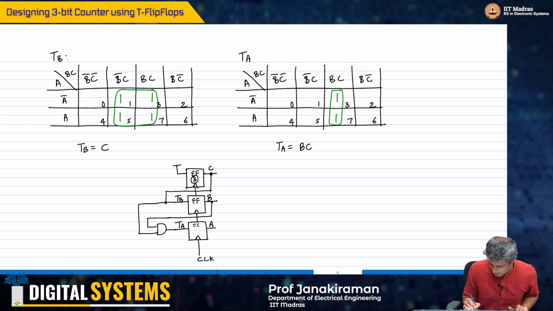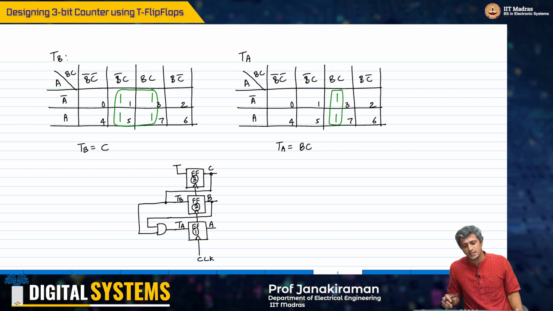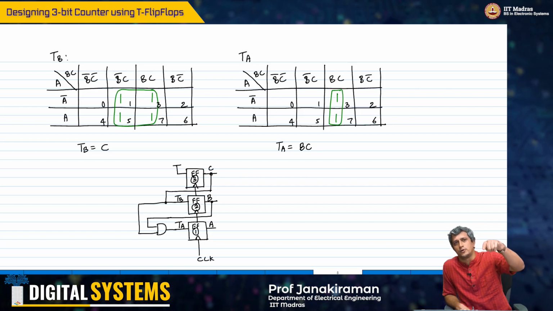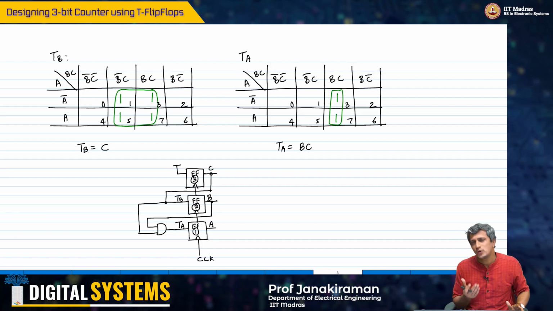Flip-flop 3, 2, 1, exactly. So this is your toggle flip-flop based binary counter that just goes all the way from 0 0 0 to 1 1 1. So this is actually not that surprising.